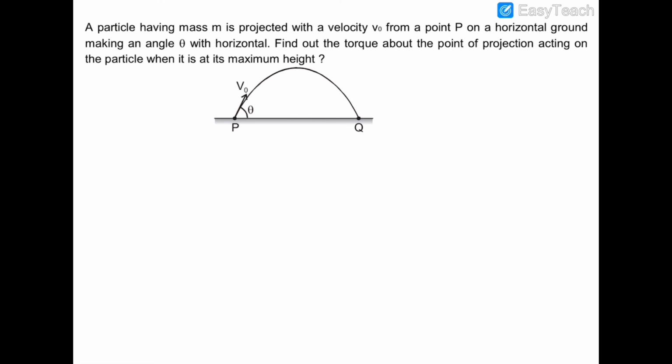A particle of mass m is projected with some velocity v0 from a point P on the horizontal ground, making an angle theta with the horizontal. We have to find out the torque about the point of projection acting on the particle when it is at maximum height. Now we know that at maximum height the velocity of this particle would be v0 cos theta, and the force acting on this particle would be mg.